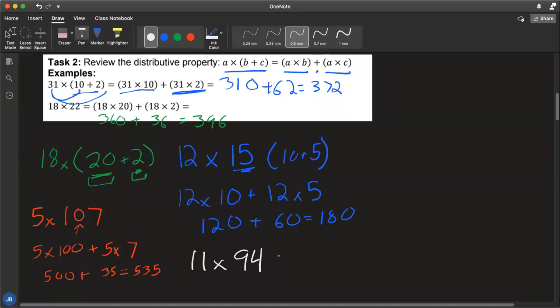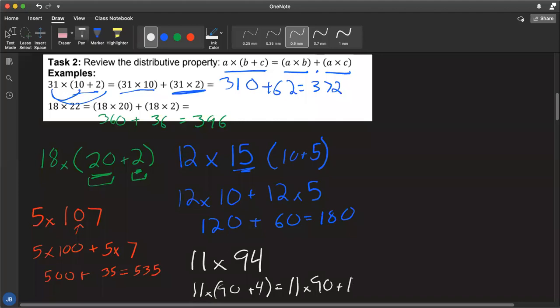All right, Kevin, you're up. So, we could write 11 times 94. We could write it as 11 times 90 plus 4. And then, using the distributive property, we can rewrite it as 11 times 90 plus 11 times 4.